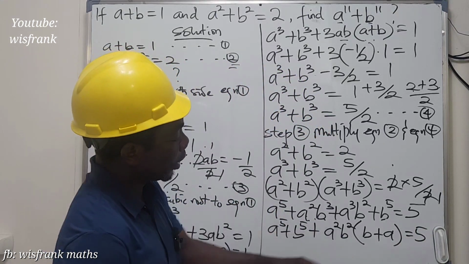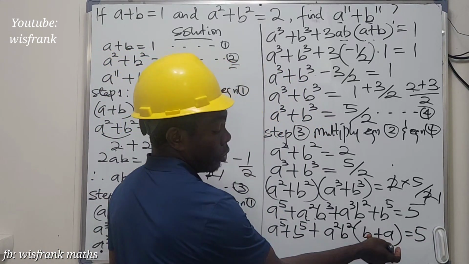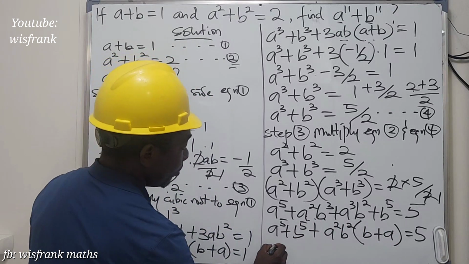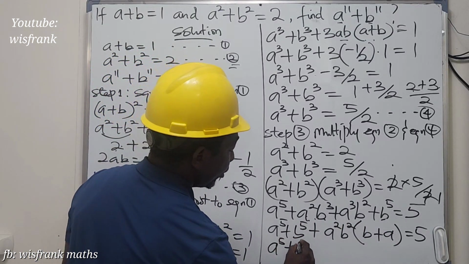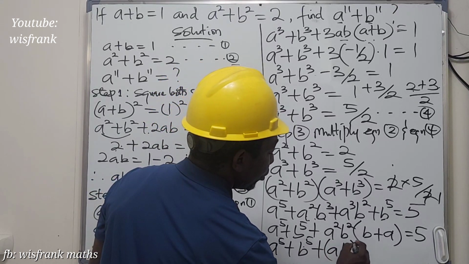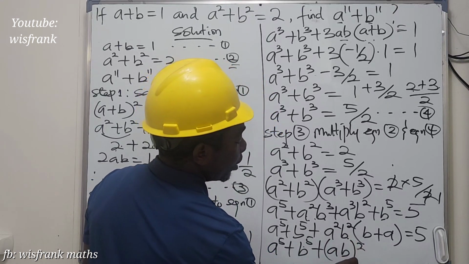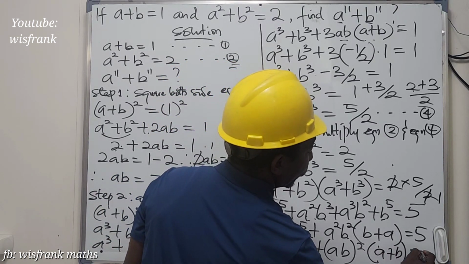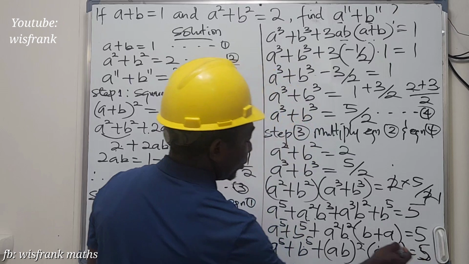In this case we can interchange this, as a plus b is the same thing as b plus a. So this will become a to the power of 5 plus b to the power of 5 plus ab all to the power of 2, into a plus b, all equals 5. So this is what we have.